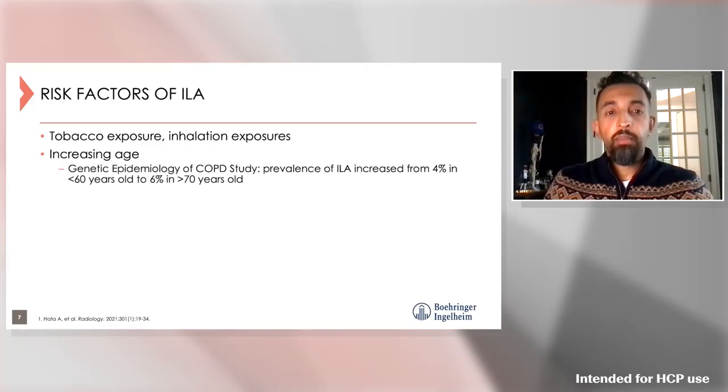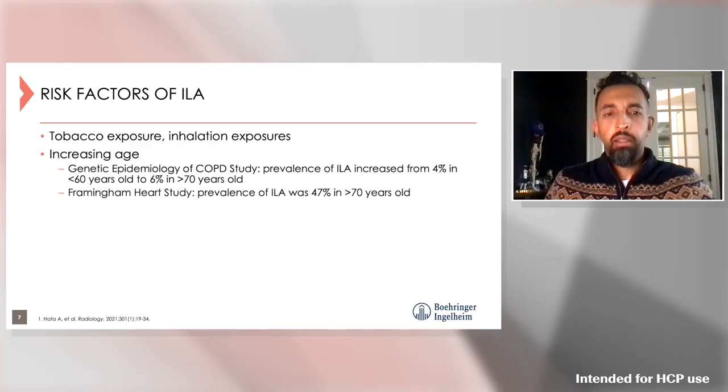The Genetic Epidemiology of COPD study demonstrated the prevalence of ILA had increased from 4% in patients less than 60 years old to 6% in patients greater than 70 years old. Another very impactful study came out of the Framingham Heart Study, which demonstrated the prevalence of ILA was 47% in patients greater than 70 years old.